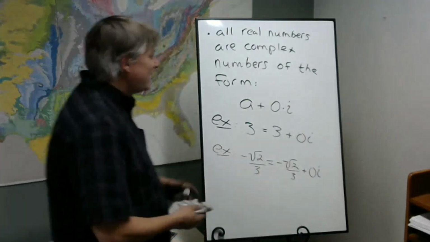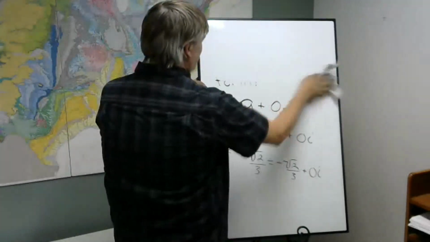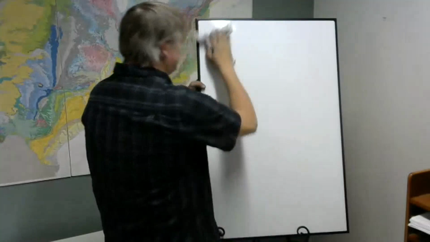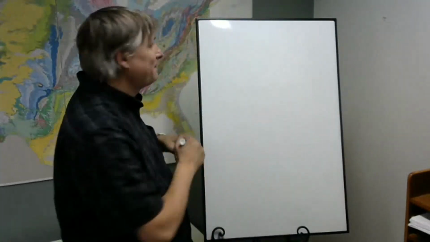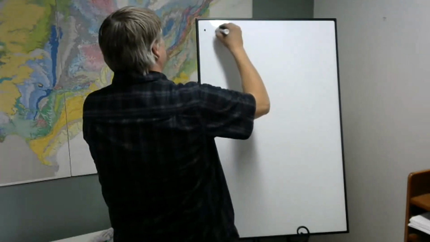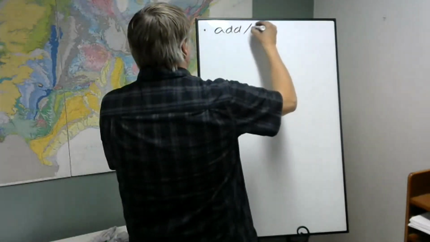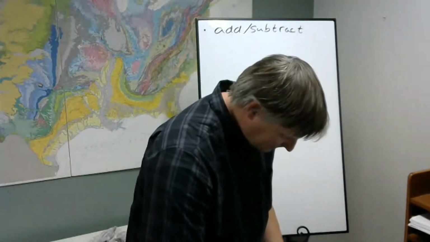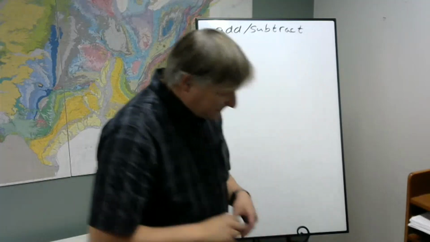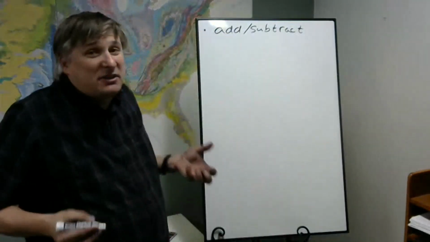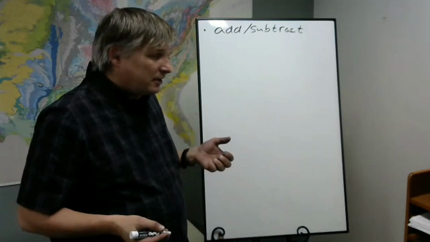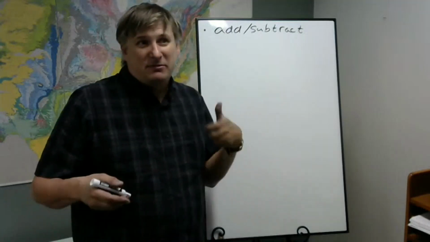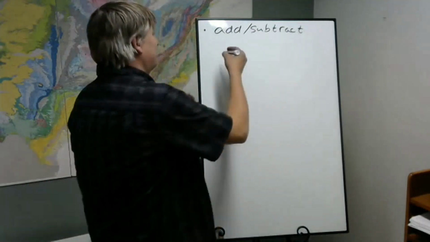So now that we have some idea of how these fit in, or really everything else fits into them, let's talk about adding and subtracting. The thing with adding and subtracting is we're basically going to combine like terms, and we treat the I terms like we would combine X terms.